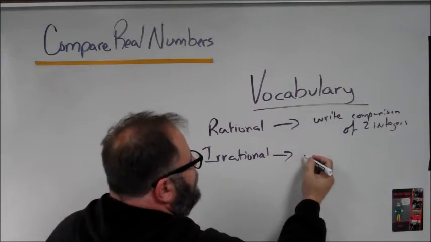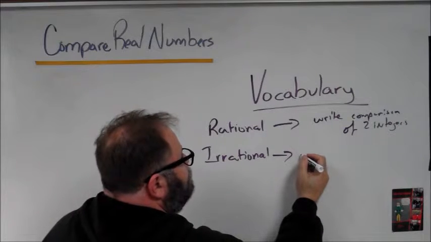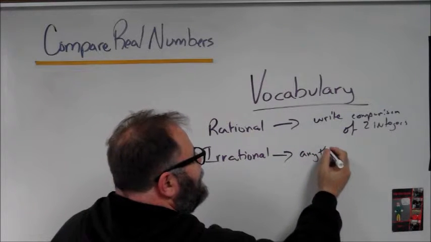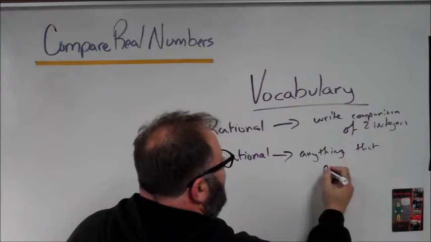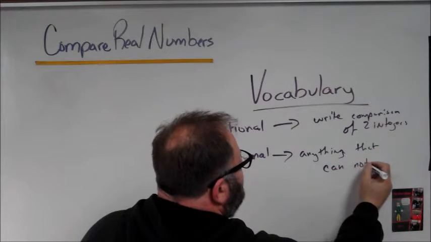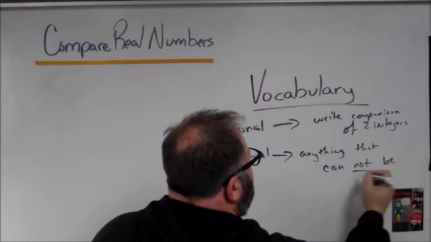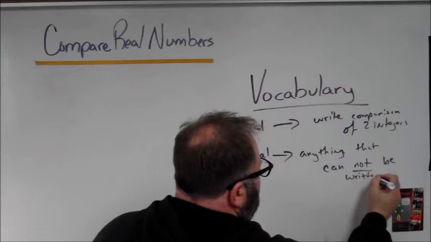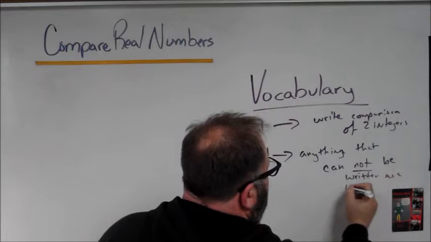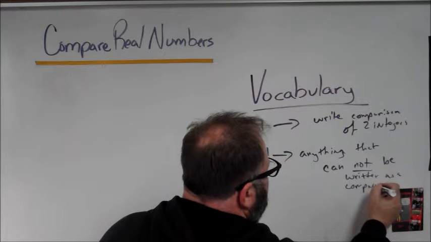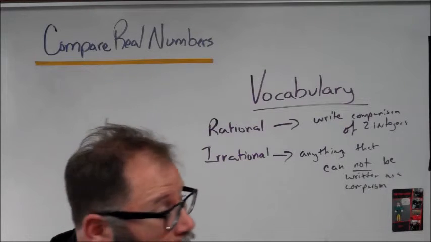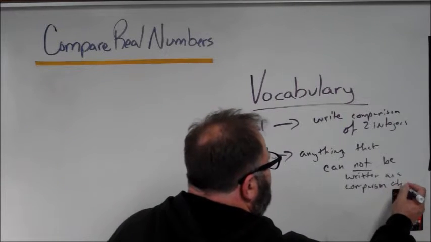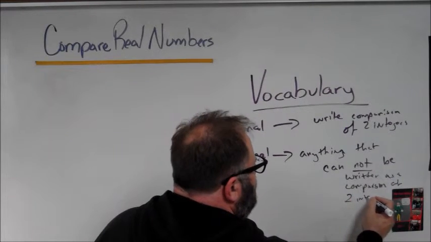And an irrational is anything that cannot be written as a comparison of two integers. Oh boy, I hope you're going by my words because my writing is kind of falling apart here.